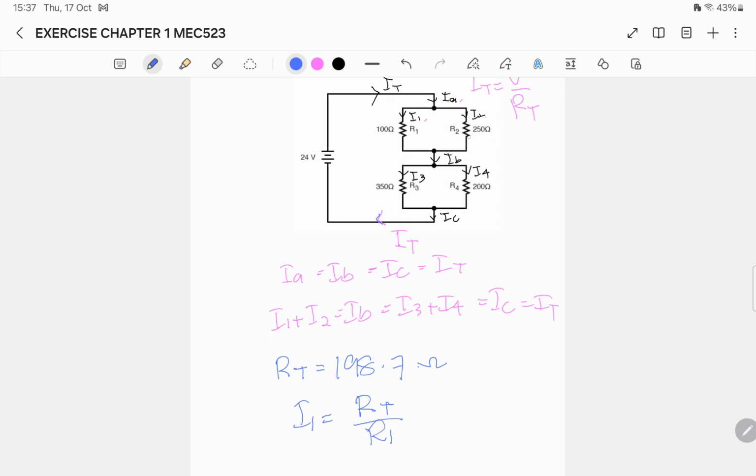Tapi R total dia adalah, saya buat box. R total untuk box merah ni, box biru. Yang dekat bawah pula ini adalah untuk box pink.